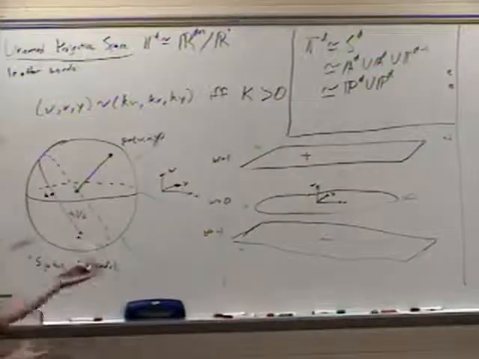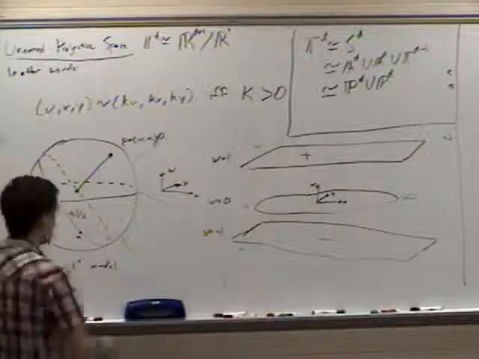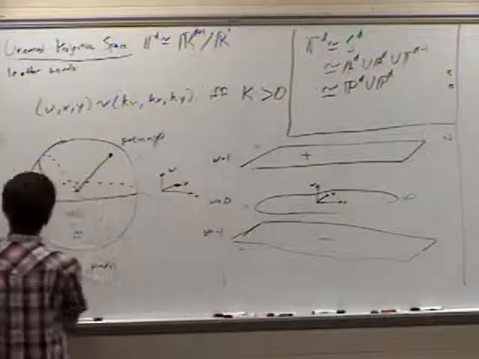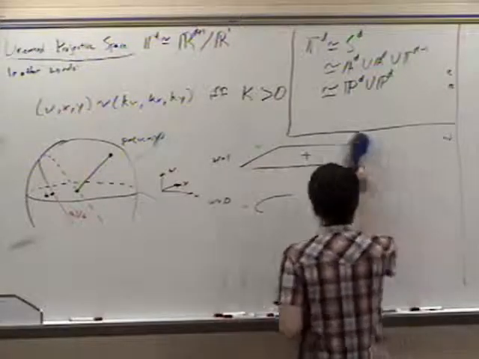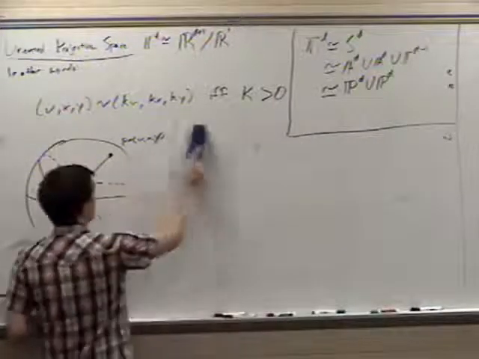So there's another way we could draw this too, or another type of picture, which is that we can just smash these planes together, and then just draw it flat on the blackboard.